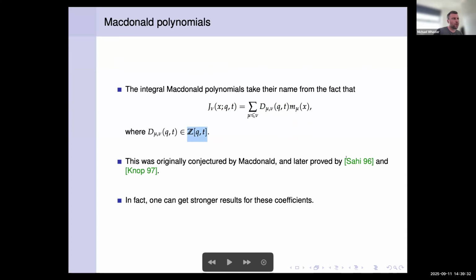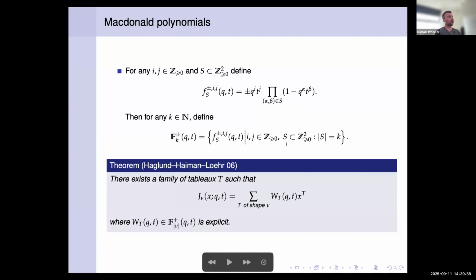And this was subsequently proved in two papers that came very close together by Sahi and Knop. So even though this is a fairly nondescript statement, I'm not getting too much information about those coefficients. It turns out that they were studied quite a bit afterwards, and people managed to get very explicit formulas for these things, which is what's shown on this slide here.